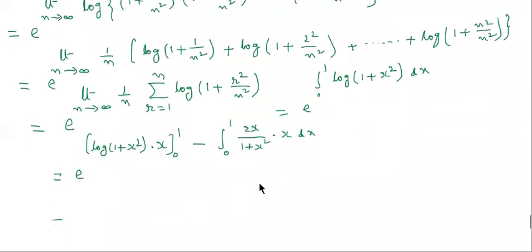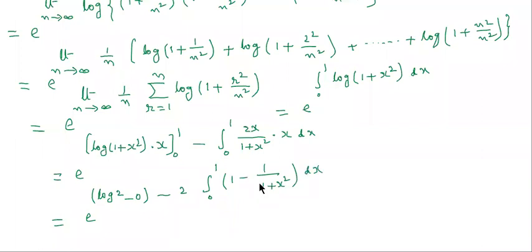Now e power, here apply the limit: upper limit you will get log 2, minus lower limit 0, minus, here see 2x into x, 2x square. Take 2 outside and write in the form of 1 minus 1 by 1 plus x square, dx.